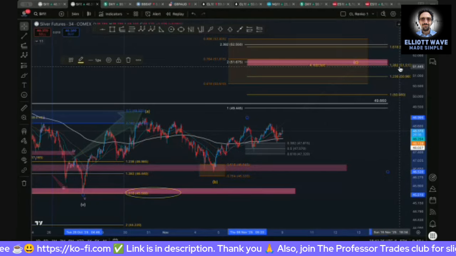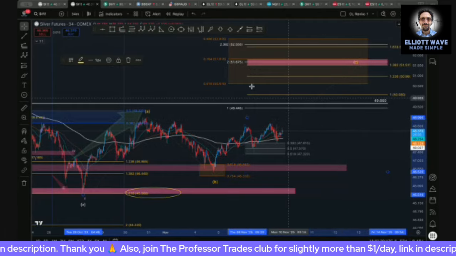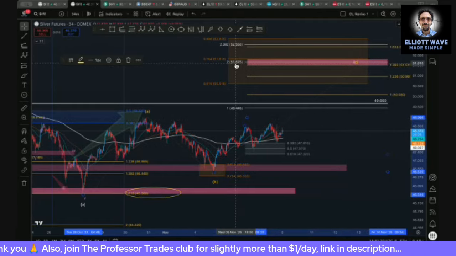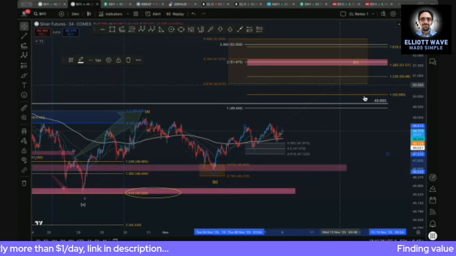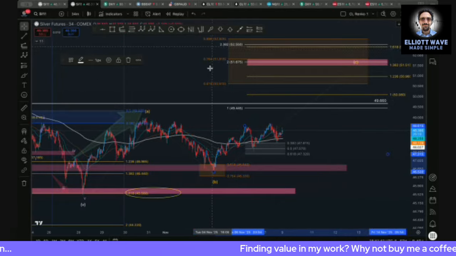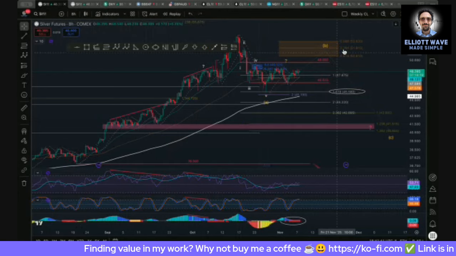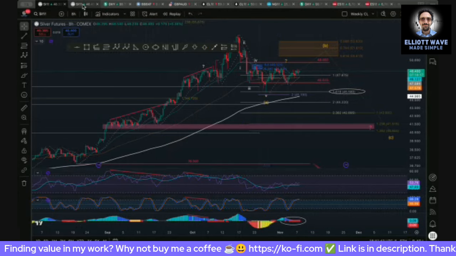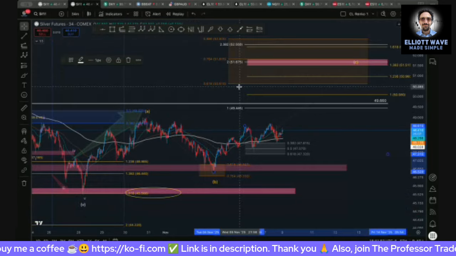Interestingly, regarding C waves, a great majority of the time they are composed of 5 waves. Now, you understand what these yellow fibs are. You understand what these orange fibs are, right? These are the orange fibs I took from the 8-hour chart, which show you a general target area for a B wave, which is going to be 51 something.